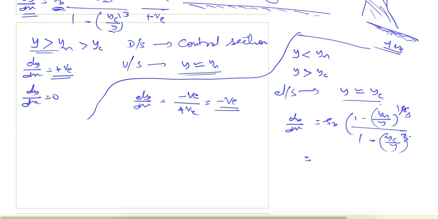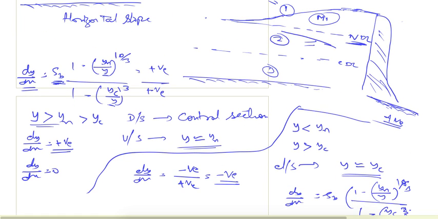When y becomes equal to yc, this ratio will become equal to 1. 1 minus 1 here will be 0, and something divided by 0 will be infinite. It means it defines the slope of this line, so at this point this will meet the critical depth line normally.